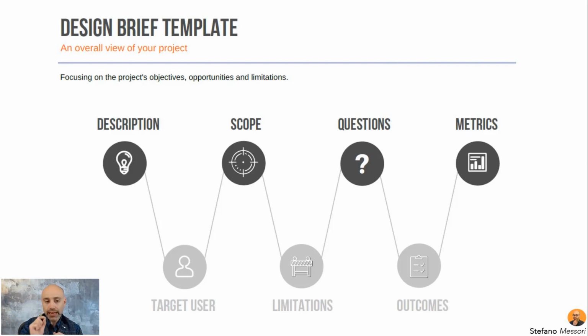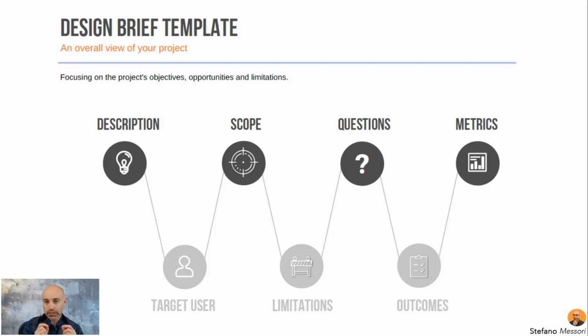Okay, then let's say that you have chosen a target segment, and let me tell you that most of the time I see design thinking processes failing because they go for a target user that is a little bit too broad. So the results of the interviews are a little bit all over the place. It means that you didn't focus enough on the target user that you want to serve.